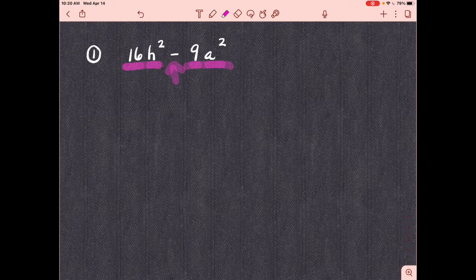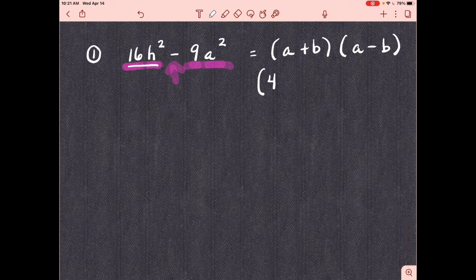So here's how we're going to factor it. We just know that it's going to factor into this pattern: a plus b times a minus b. So I need to have the square root of 16h squared. The square root of 16 is 4, because 4 times 4 is 16.